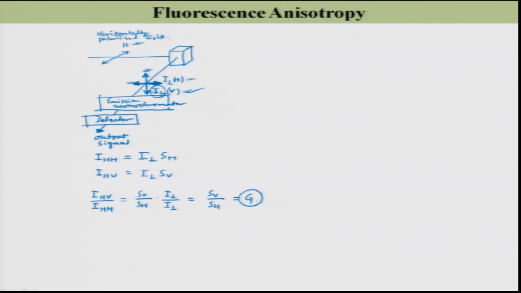So, what you have to do? You simply take these two intensities IHV and IHH. You just take the ratio of these two, and you are going to get G. Once you get G, you can readily get this r as IVV minus G IVH divided by IVV plus 2 G IVH, as I have already discussed, right.